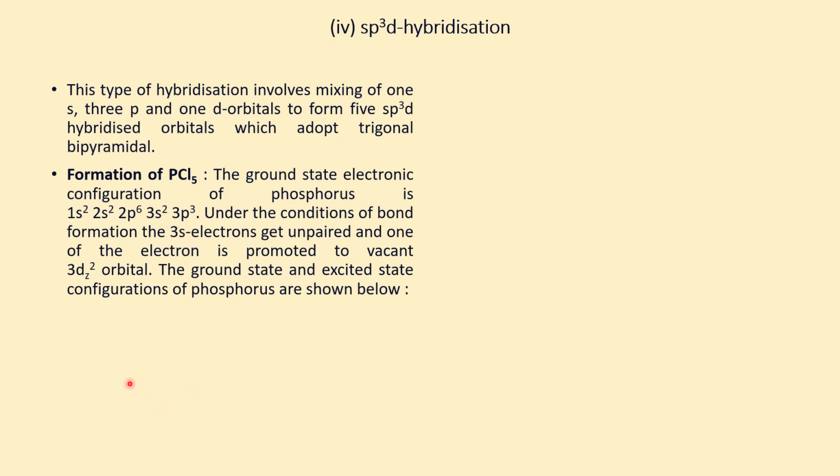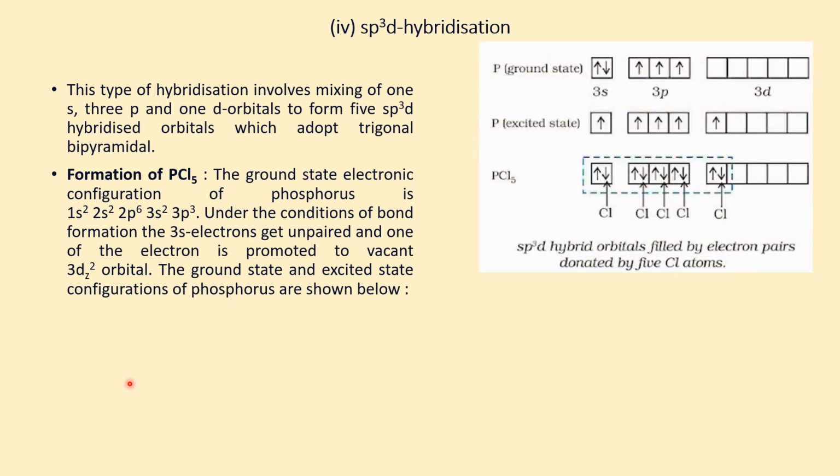Under the conditions of bond formation, the 3s electrons get unpaired and one of the electrons is promoted to the vacant 3dz2 orbital. The ground state and excited state configurations of phosphorus are shown on the screen.